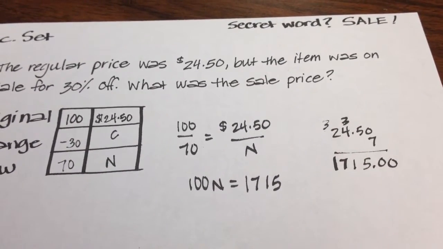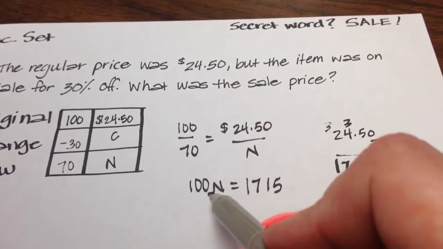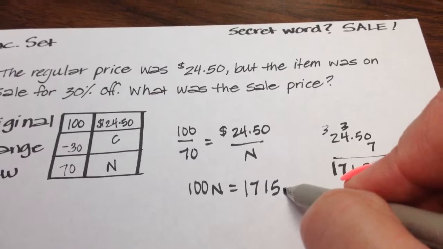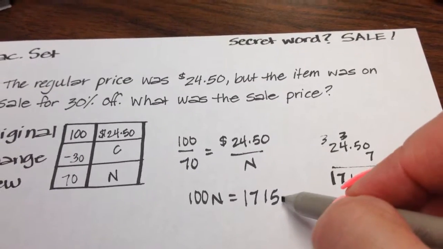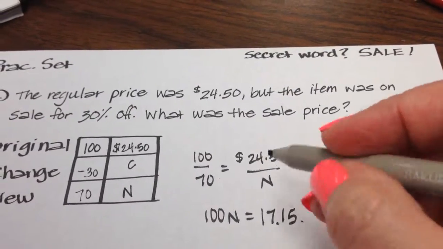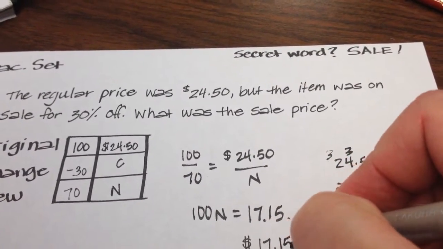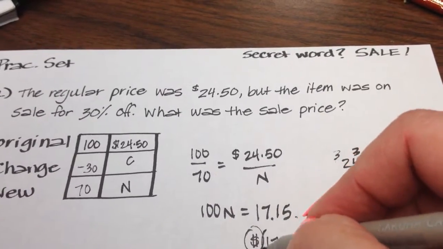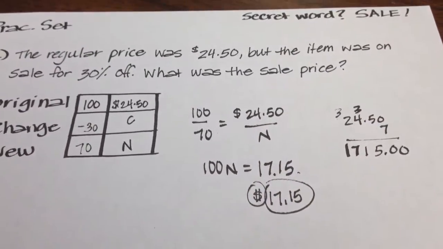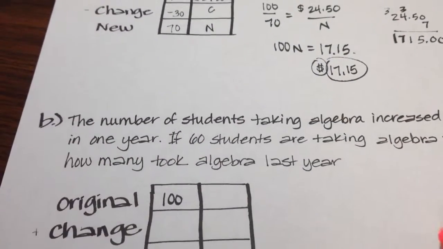Well, that can't possibly be the new price, because it's got to be less than 24. So, of course, I need to divide by 100, which means I take my invisible decimal point and go to the left 2 places. So the price is $17.15. You're going to write the dollar sign and the amount. See? Easy.